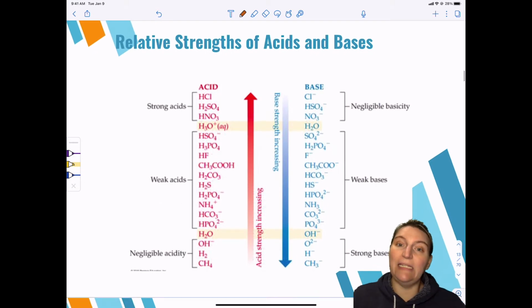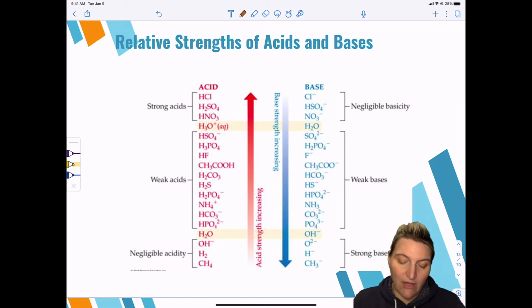The next idea is this relative strength of acids and bases. And we will go into this in much more detail when we start looking at Ka and Kb, when we're actually looking at to what extent the acid is dissociated. Right now we just have weak and strong, but then we're going to look numerically at what makes one acid weaker than another acid.